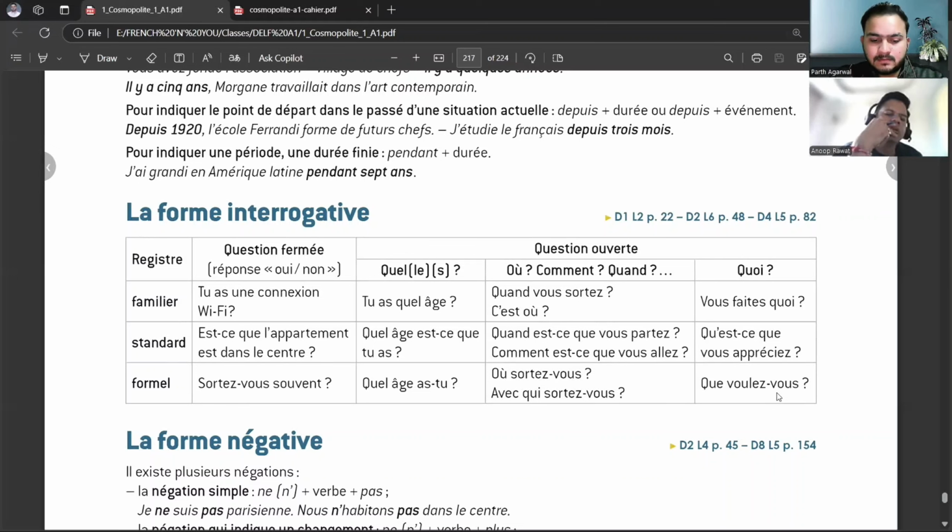Question fermée and question ouverte. Question ouverte. Fermé means closed-ended. Yeah, fermé means closed. This first column is all closed ended.